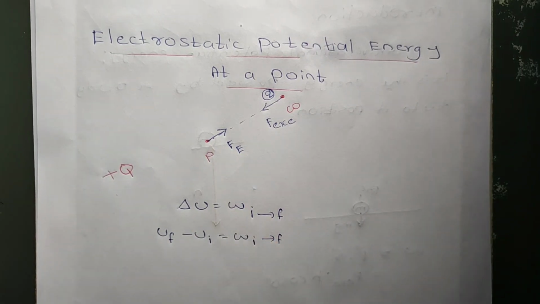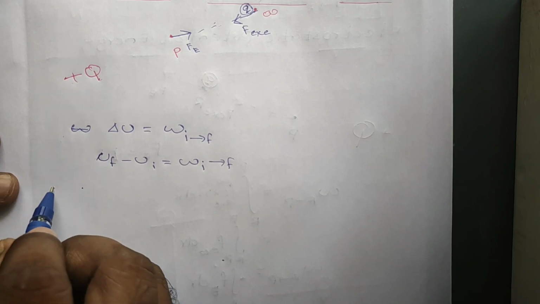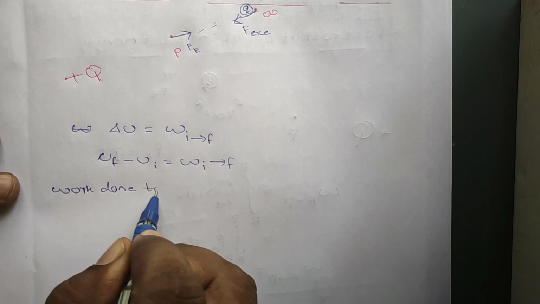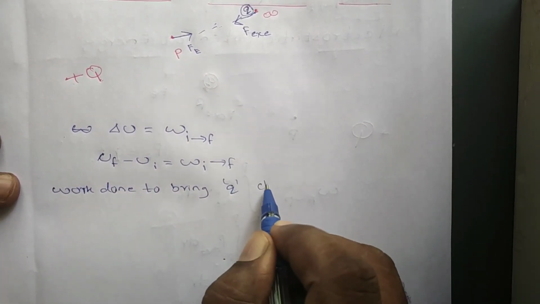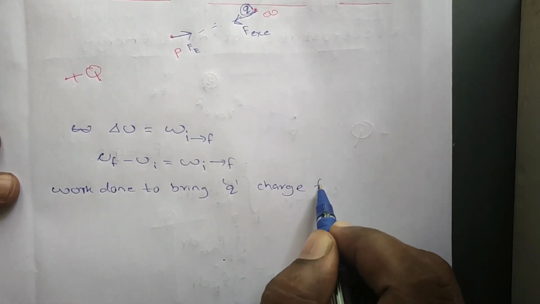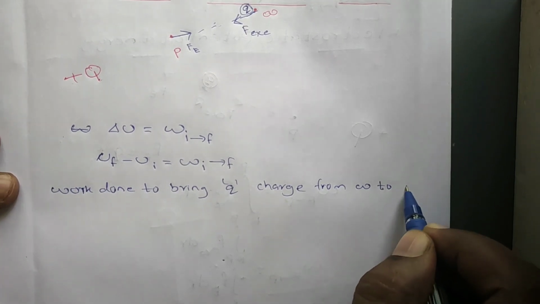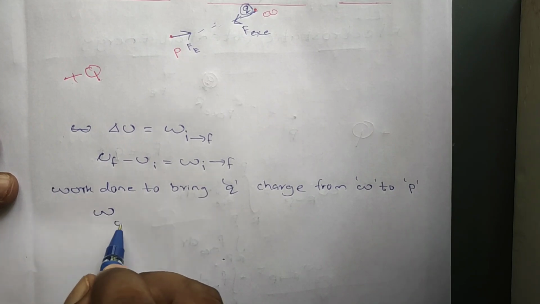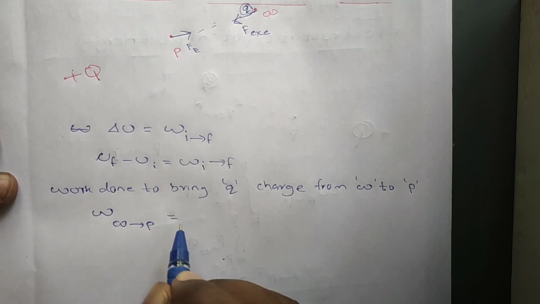So the work done to bring Q charge from infinity to P, we represent it like this, W from infinity to P. Okay, that is equal to what?